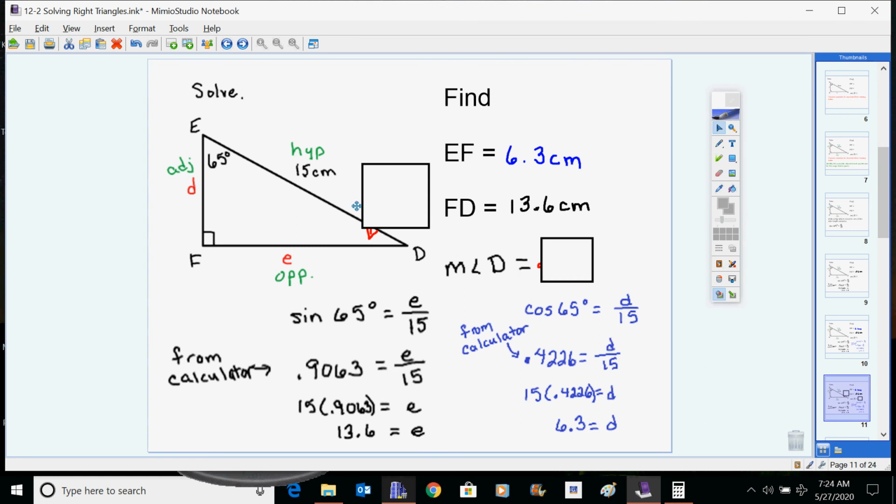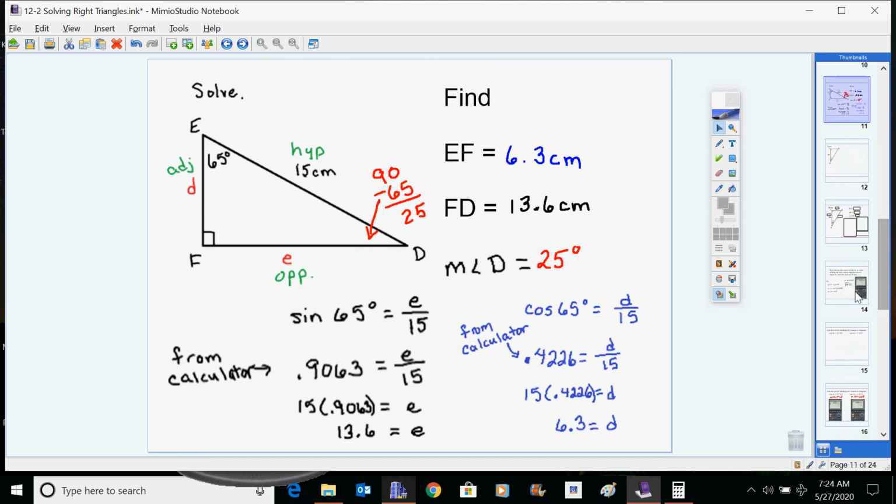So if you save solving that last angle till the end, it keeps you from getting into trouble. Our last angle is simply that these two angles together have to add up to 90, because altogether in a triangle you have to get 180. This one's already 90, so all you have to do is take 90 minus 65 and you get 25 degrees.